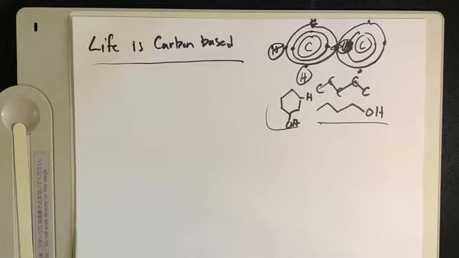All right, so when we're looking at how we create larger molecules, we use two different reactions. There's what we call a dehydration reaction and a hydrolysis reaction. So one is to make larger molecules, and one is to make smaller molecules.